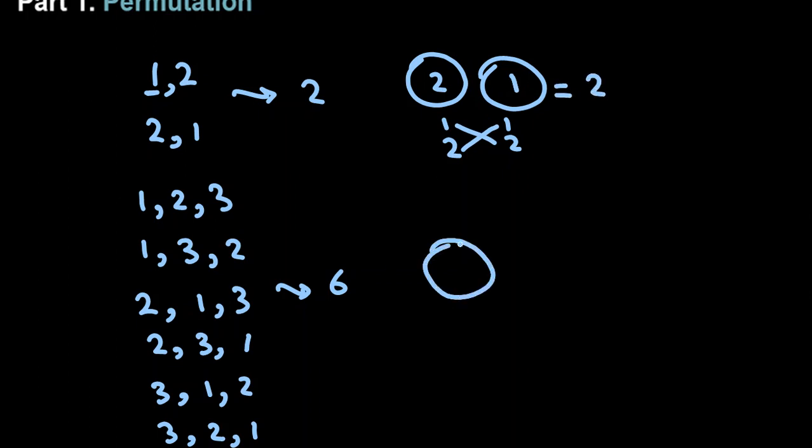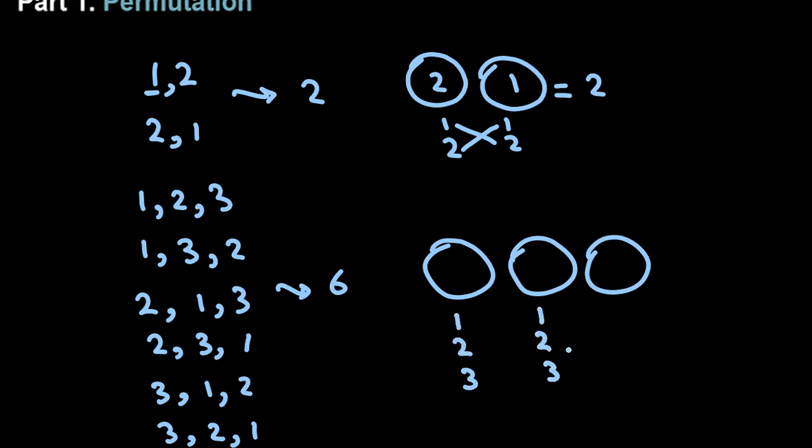For 3 elements, you say, okay, I have 3 elements. Each of them can be 1, 2, 3. Here we have 3 choices, and for example, you select 2, then you have 2 choices because one of them you've selected. And at the end, we have 1.